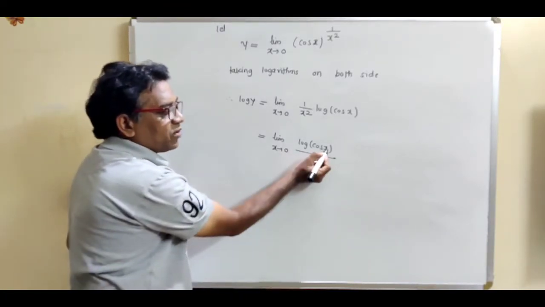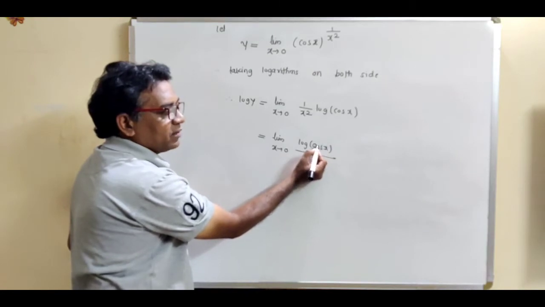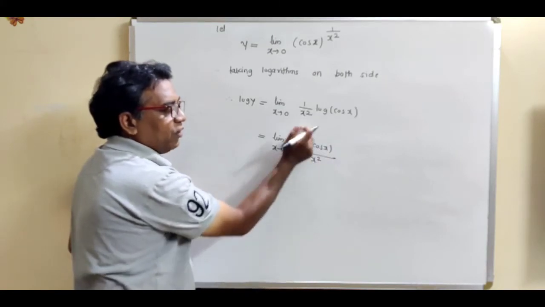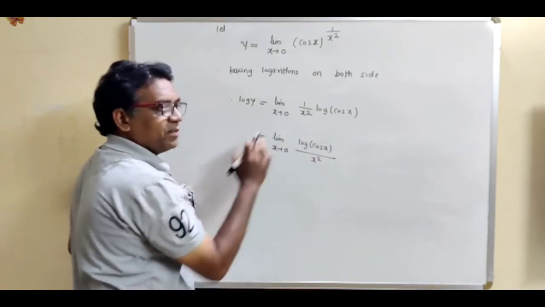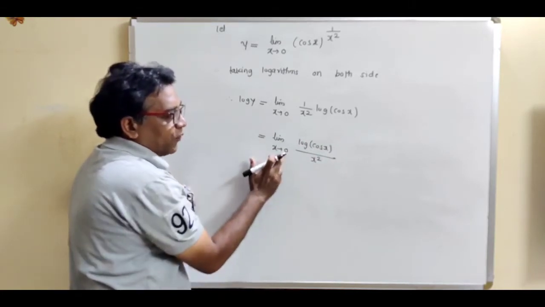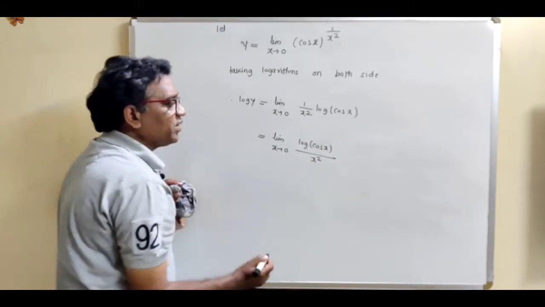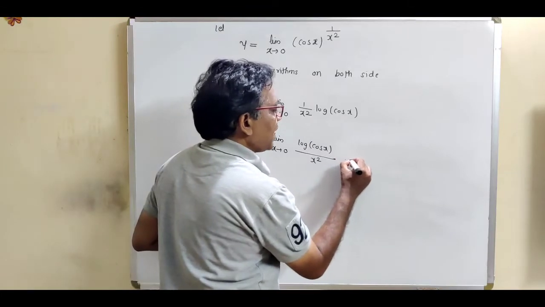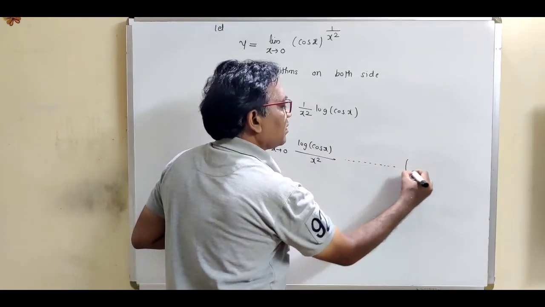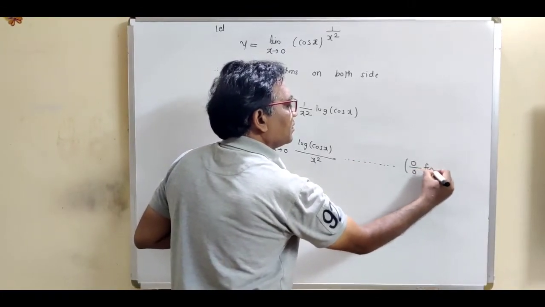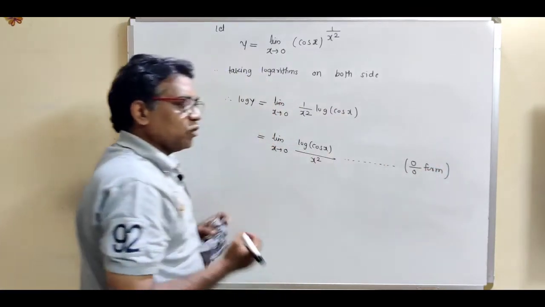Now if you put x equal to 0, cos 0 is 1, and log 1 is 0, so the numerator will be 0. Put x equal to 0 in the denominator, and we get 0. So this is the standard 0 by 0 form.